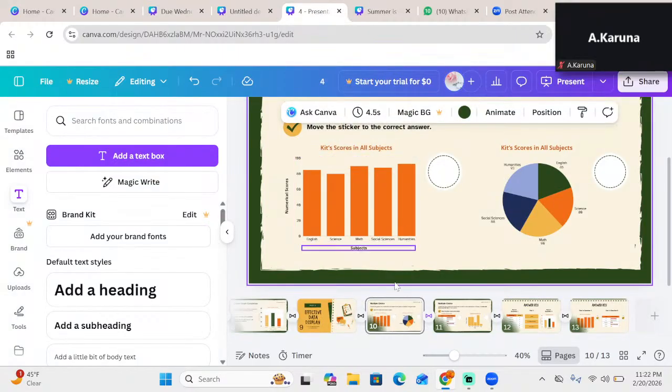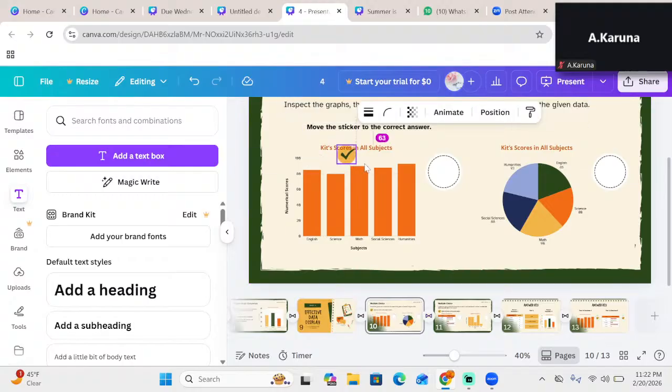And here we are dealing with a large amount and a set range, 0 to 100. So here the answer is this graph right here, because it deals with two different variables.